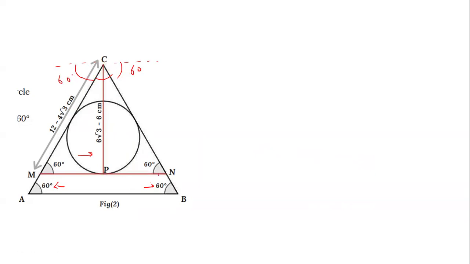Now you draw one line parallel to AB, touching this circle, and this is MN which is parallel to AB. And if you join C and the midpoint P, it is the angle bisector. So this angle is 30 and this angle is 30 and this is 90 degree.